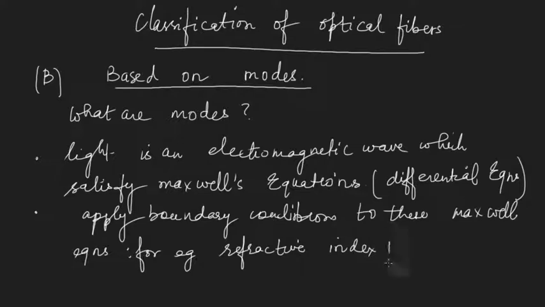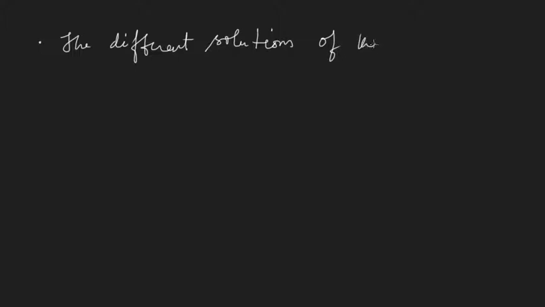Then after applying these boundary conditions to the differential equations, we can solve the differential equations and we get the different solutions. The different solutions of these differential equations are known as modes.